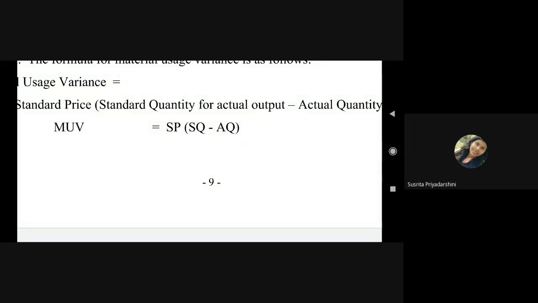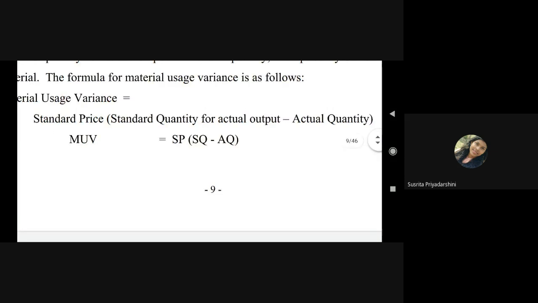So standard quantity for actual output, how much? So 2000 is the actual output multiplied by standard quantity required, that is 2 kg per unit. So 2 into 2000, it is 4000. That is the standard quantity for actual output minus actual quantity, 2400. So 4000 minus 2400 multiplied by standard price, it is 8.